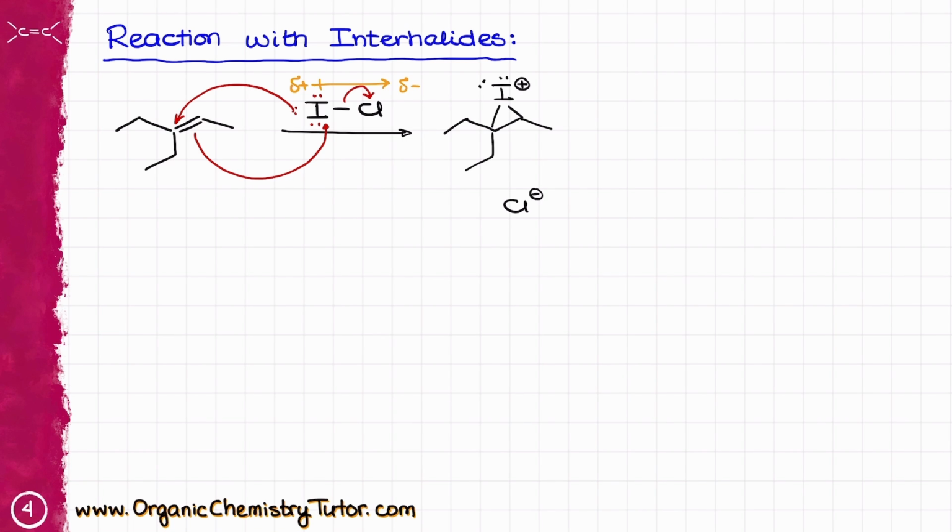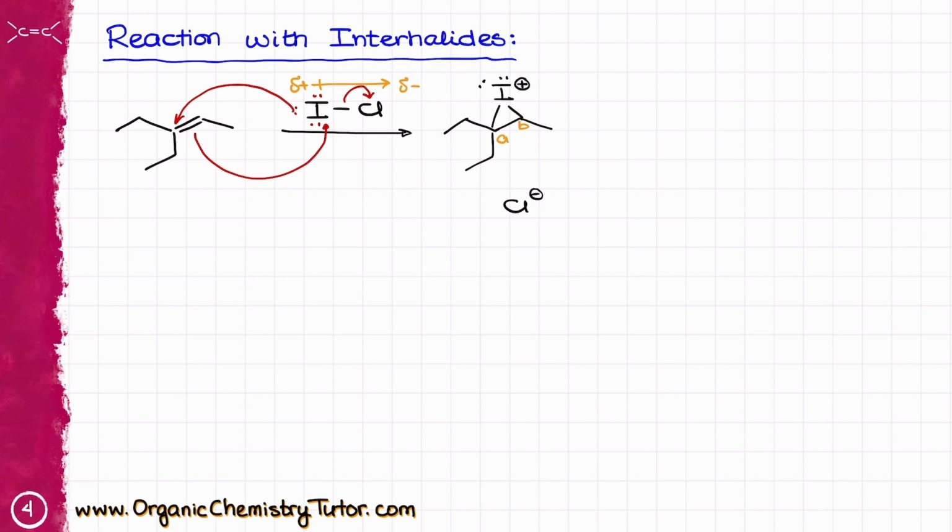Now, I've mentioned a moment ago that the attack by the nucleophile in these cases happens from the more substituted side, so we're going to be attacking a more substituted carbon. Here I have my carbon, let's call them A and B. So my carbon A has 2 alkyl groups on that, my carbon B only has 1 alkyl group on that, which means that carbon A is actually more substituted, which means the attack by chlorine is going to happen from that direction.